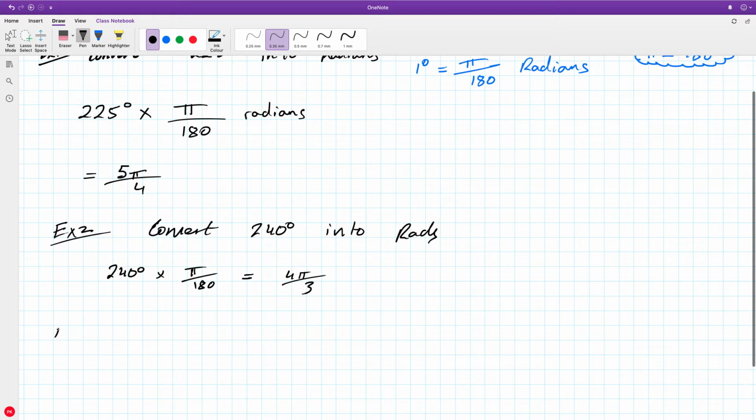Right, last one, have a go at this one. Convert 450 degrees into rads.